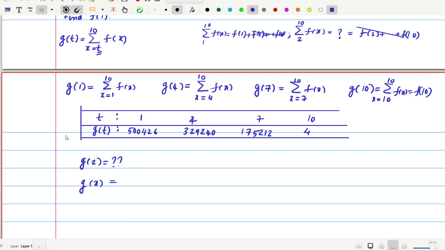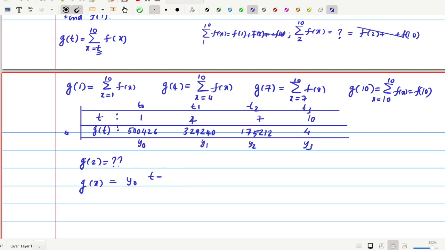We consider these values as y0, y1, y2, y3, and these values as t0, t1, t2, and t3. So we use Lagrange's formula as y0 times the factor with x minus t1 first.